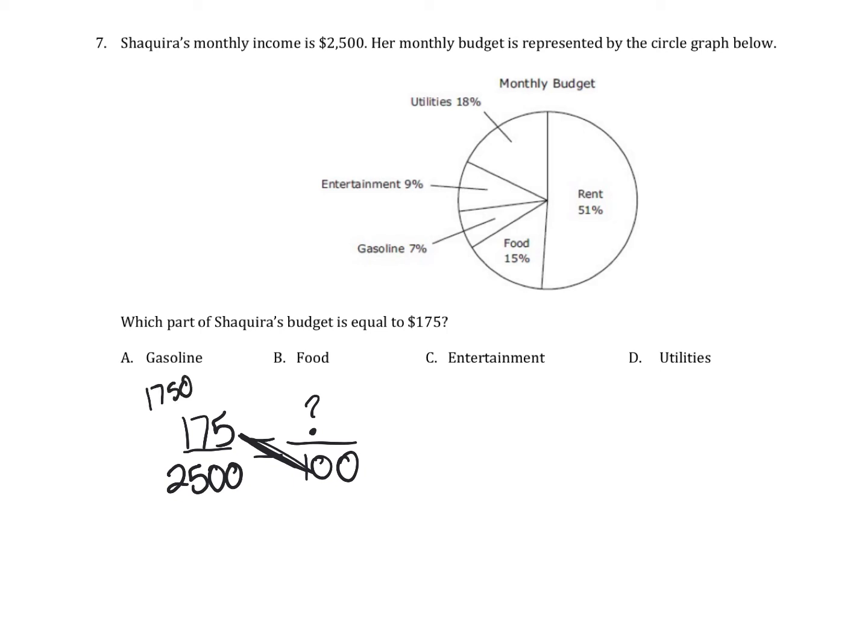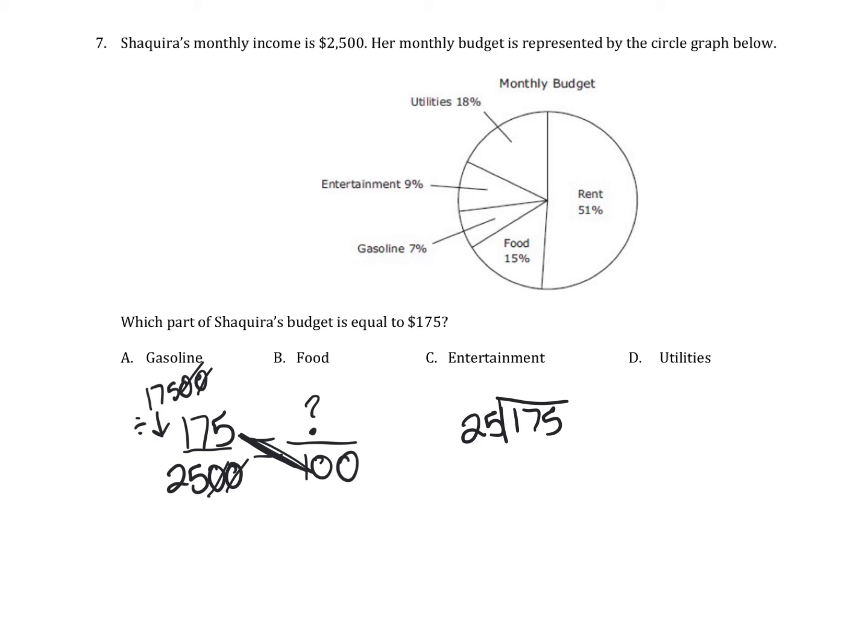So we get 17,500. Now we're going to divide down. Remember earlier, when your 2 numbers end in zeros, you can cancel out the zeros as long as it's the same amount of zeros on both the top and the bottom. So that's a much better division problem. So we have 175 divided by 25.